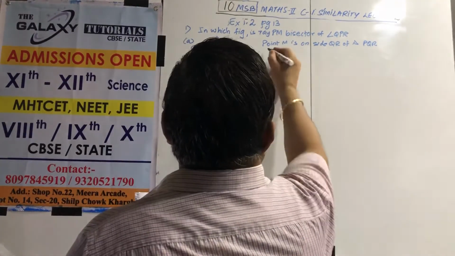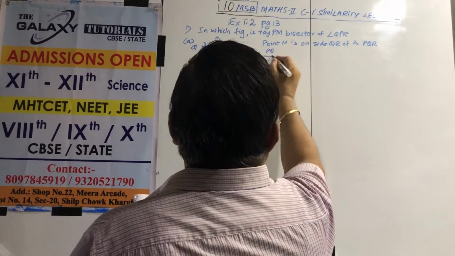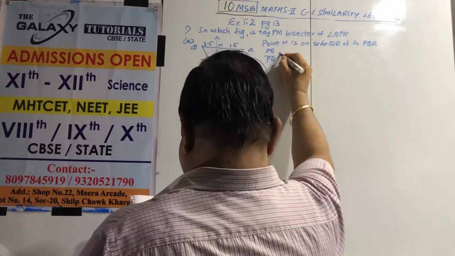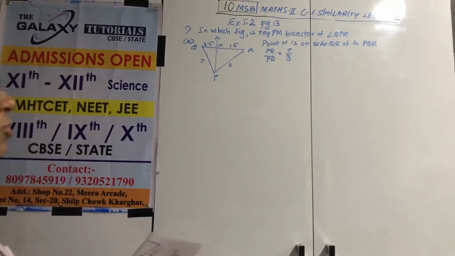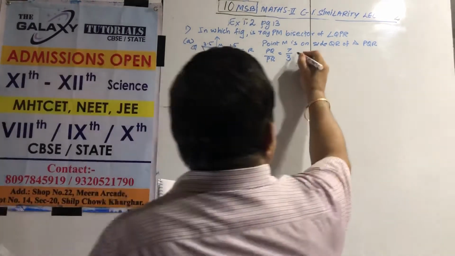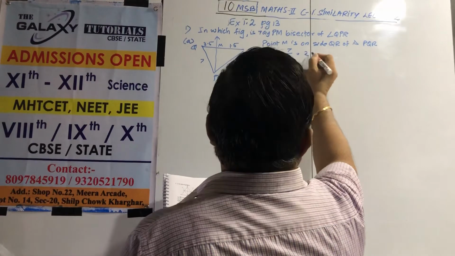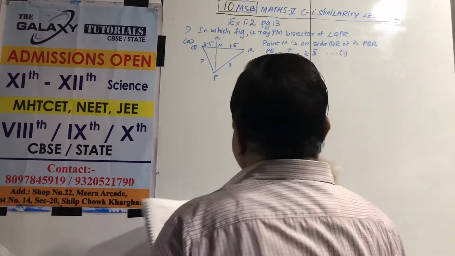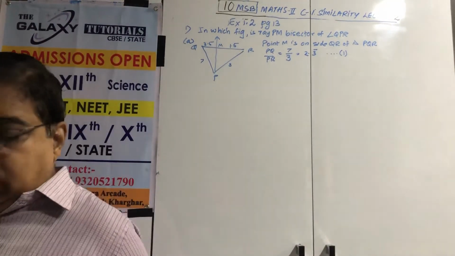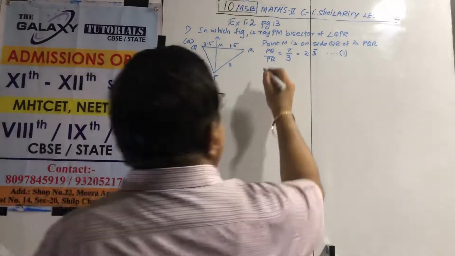So according to us, PQ upon PR is equal to 7 upon 3, which in our diagram is 2.3 recurring. That is 1. Next, we will take the bisected sides.